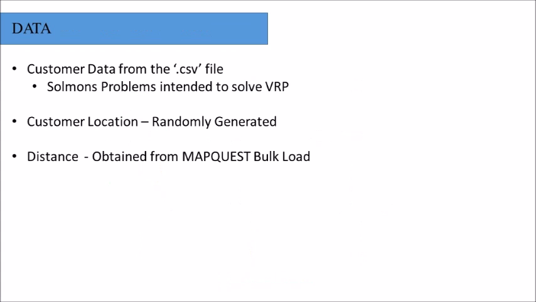In this project, we have considered testing with the Solomon problem data, but the problem with this data is that it has locations of a wide range of customers across the world.